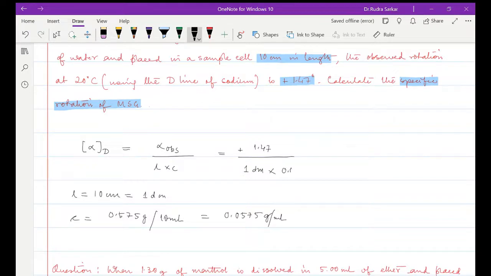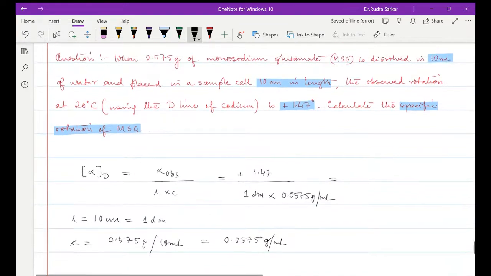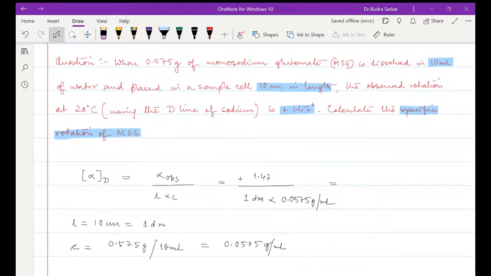And if we calculate, that will come out to be plus 25.56 degree.